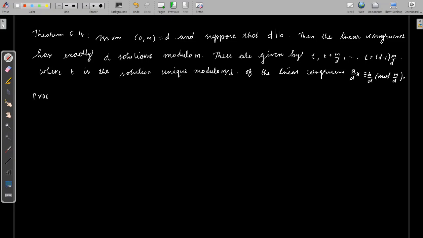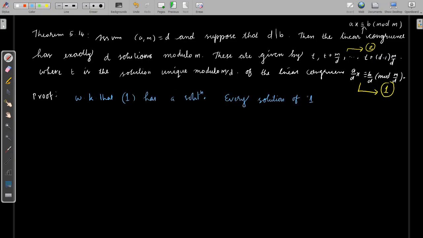Now we have the proof. For the proof, we put this congruence as equation number 1. And the solution set T, T plus M/D, T plus 2M/D, etc., all the way up to T plus (D minus 1) M/D as equation number 2. We know by the previous theorem that 1 has a solution. But every solution of 1 is a solution of our linear congruence.